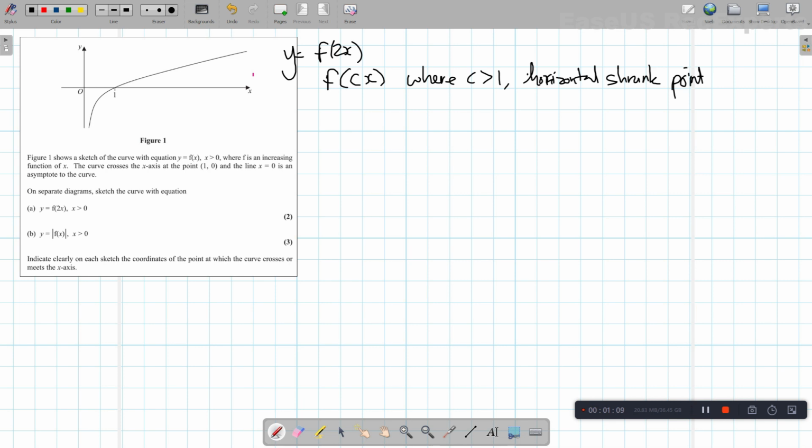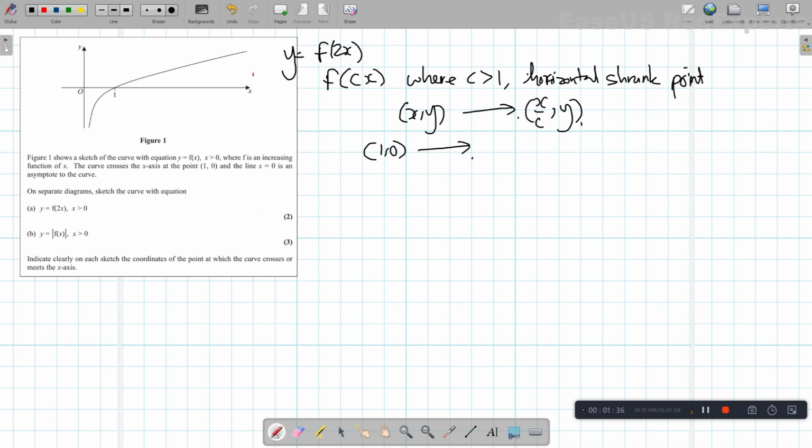What does that mean? Let's say if we have a coordinate (x, y). The x coordinate will shrink to x over c. If I have x as 8, since it's f(2x), you have to take 8, divide by 2, so it becomes 4. So in this case, the coordinate here is (1, 0).